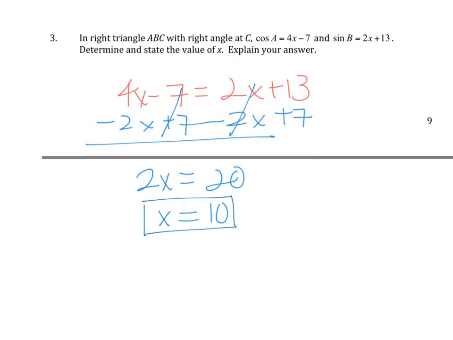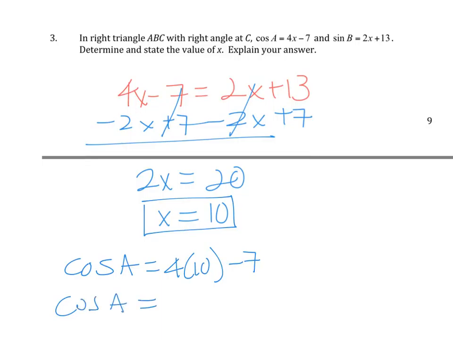Ultimately, they asked us to solve for x, but if you go back and substitute, cosine A is equal to 4 times 10 minus 7, which gives us a value of cosine A equal to 40 minus 7, which is 33.